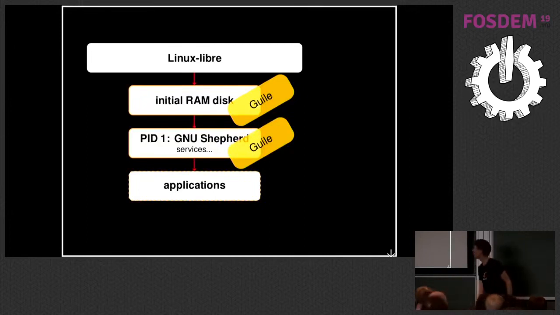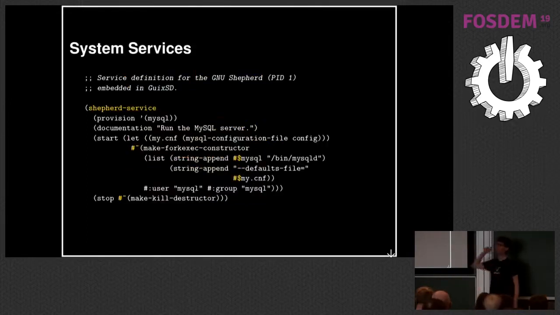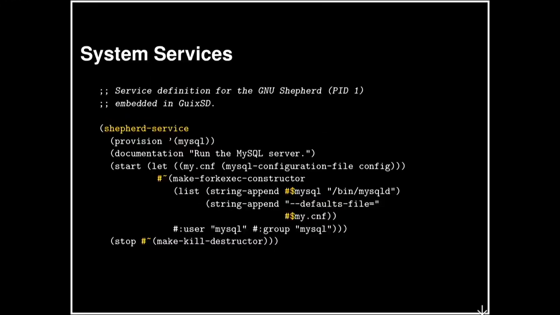So that's the idea. And because we have this init system in Scheme, we can also use this hash tilde thing to generate the bits of configuration for the init system. So instead of generating unit files, for example, which would be just strings that we concatenate together, we can actually have access to the API of the init system. We can generate its configuration.